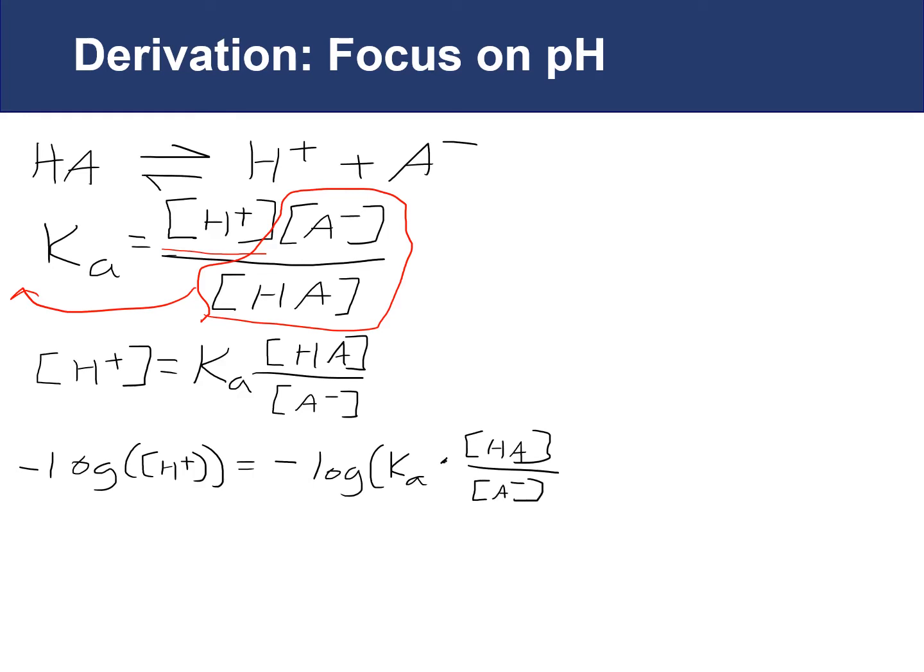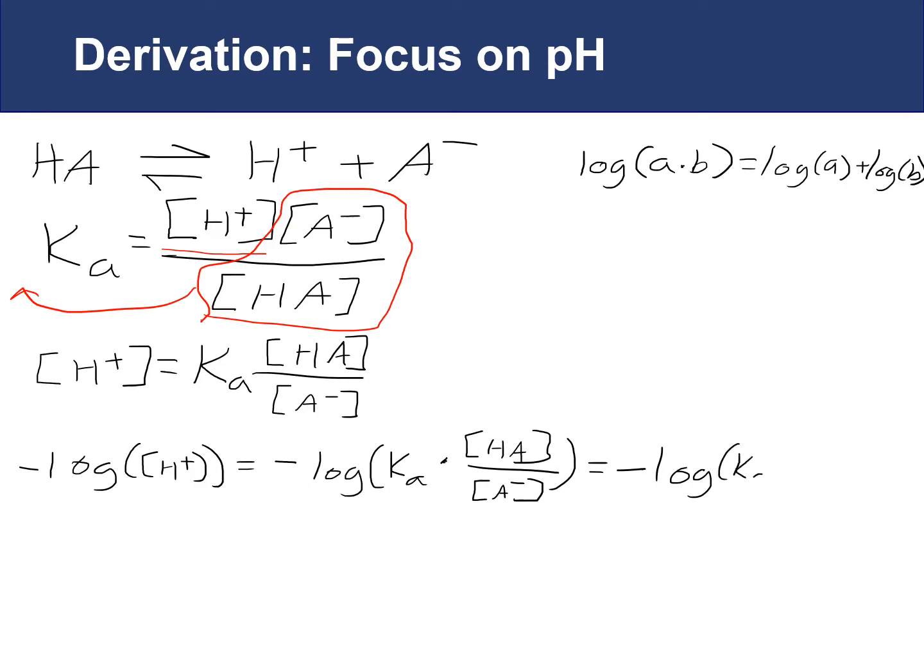One of the rules of logs is that the log of two things being multiplied, let's say A times B, is equal to the log of A plus the log of B. So this would be equal to the negative log of Ka plus the negative log of the concentration of HA over the concentration of A minus, all wrapped in a set of parentheses.